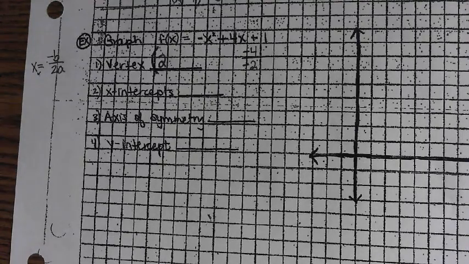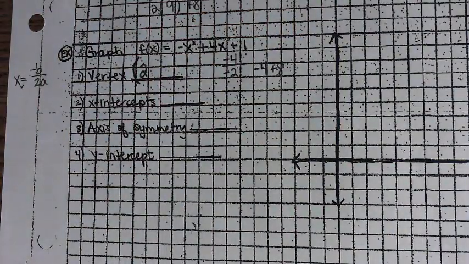If you know an x-coordinate, what do you do with it? Plug it in. So if I plug in a 2, that's going to be negative 4, once I square it, plus 8, plus 1, which is going to just be 5.